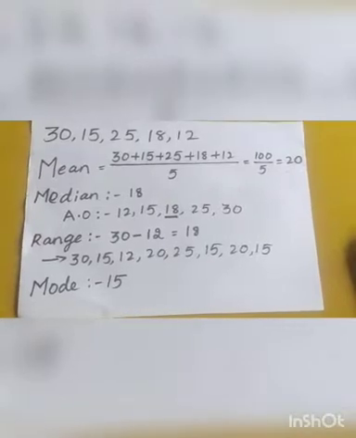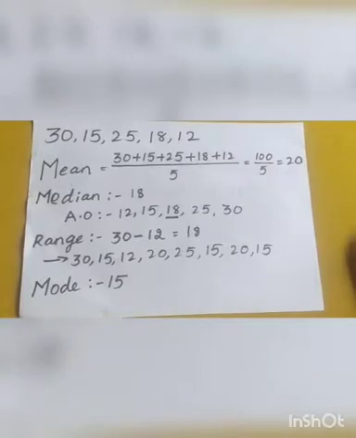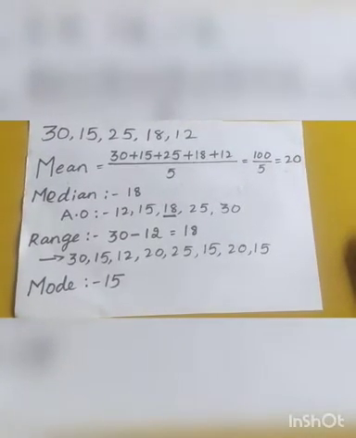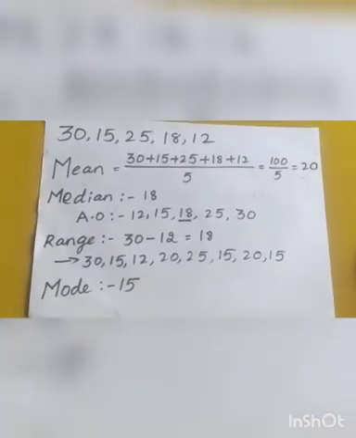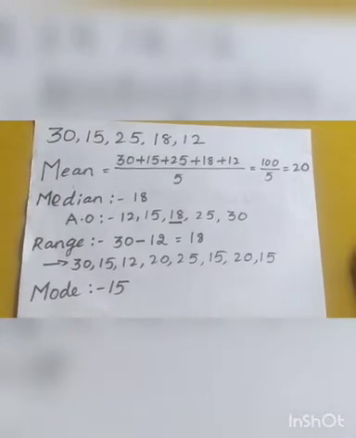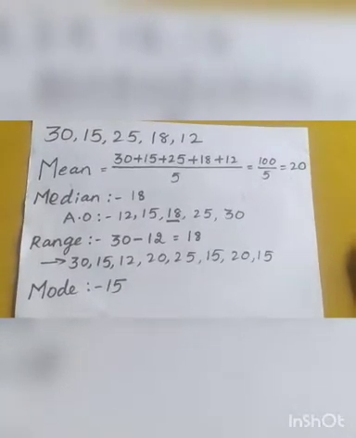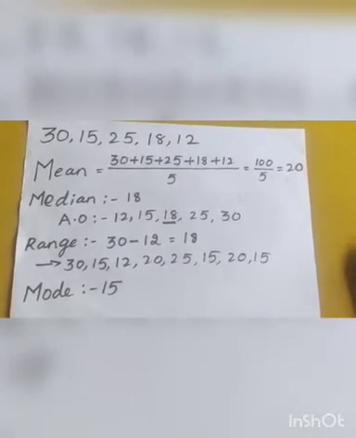So the median is 18. And next, the range is the difference between the highest observation and the lowest observation. Here the highest observation is 30 and the lowest is 12. So 30 minus 12 is 18. So here the range is 18.